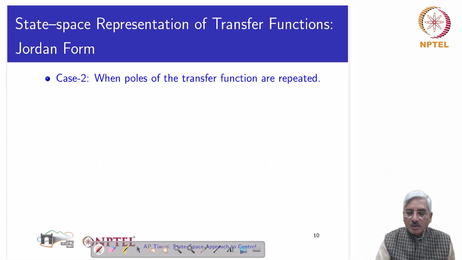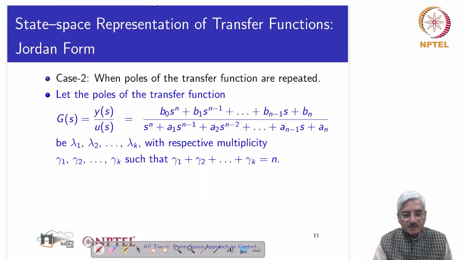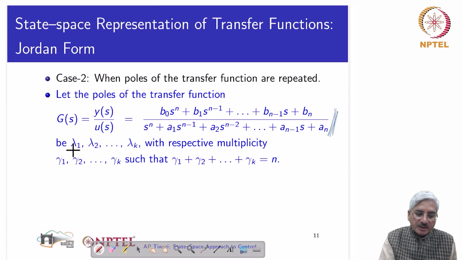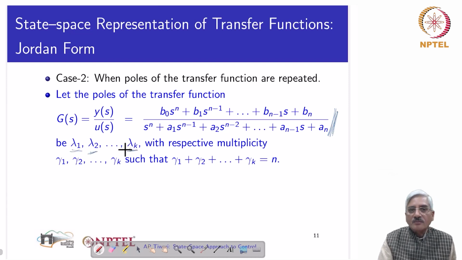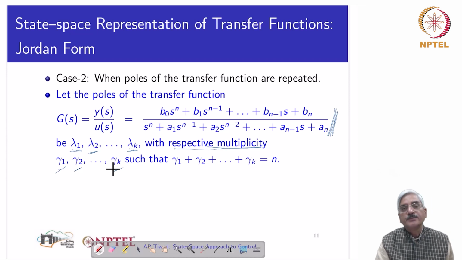Now, when the poles of the transfer function or system have multiplicity, we consider that case. So we take the same transfer function, however we assume that the poles are located at lambda 1, lambda 2, etc. up to lambda k with respective multiplicities gamma 1, gamma 2, etc. up to gamma k.